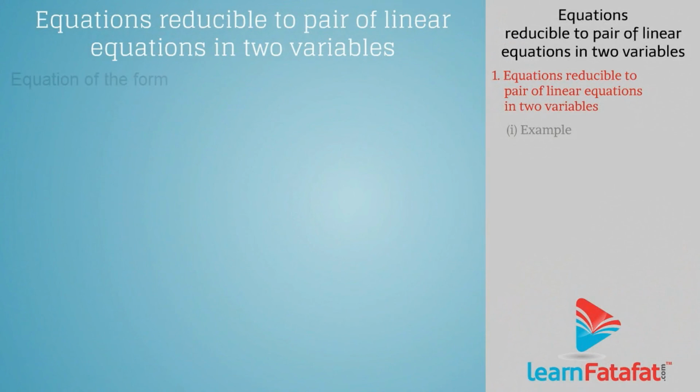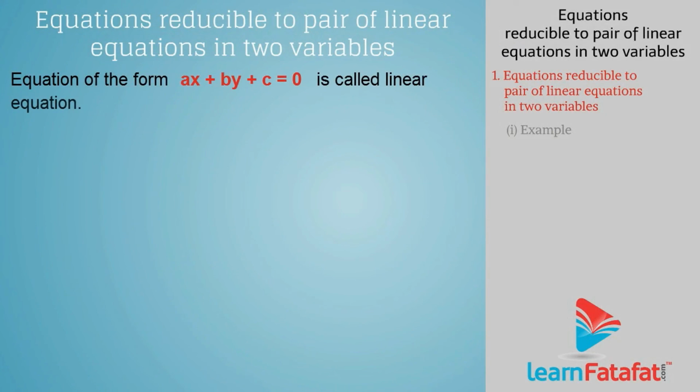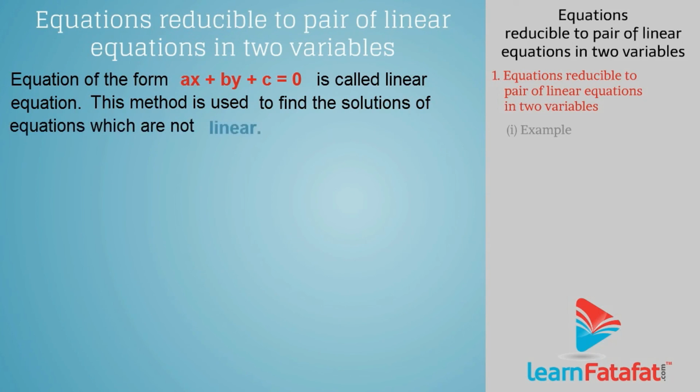Equations reducible to a pair of linear equations in two variables. An equation of the form ax plus by plus c is equal to 0 is called a linear equation. This method is used to find the solutions of equations which are not linear.